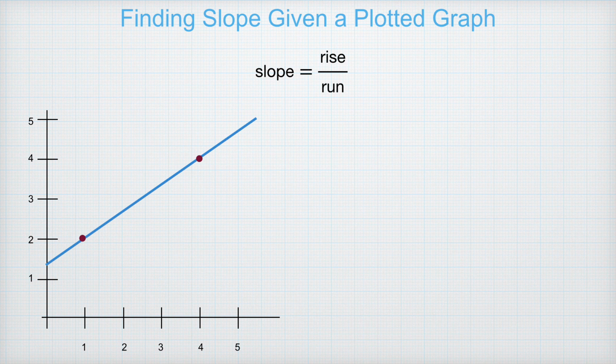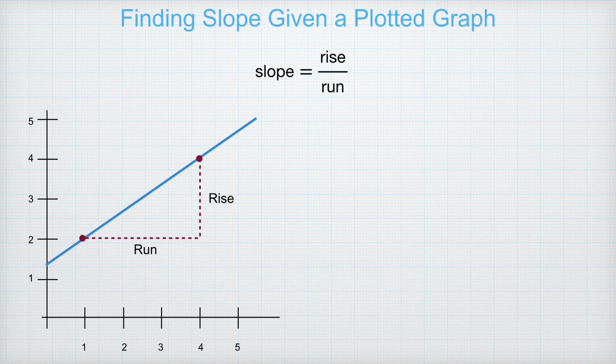Draw a right-angled triangle with the line segment between the chosen points as the hypotenuse. The lengths of the vertical and horizontal sides can be read from the axes. The vertical side is the rise and the horizontal side is the run in the formula slope is equal to rise over run.